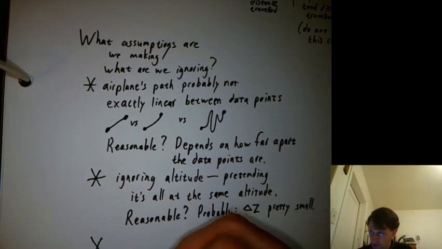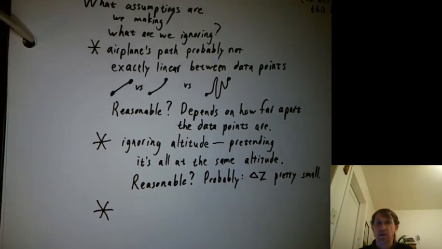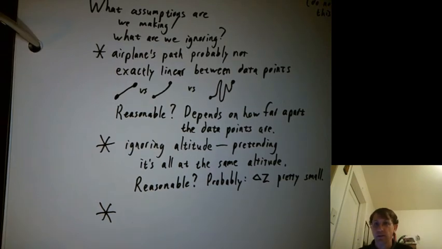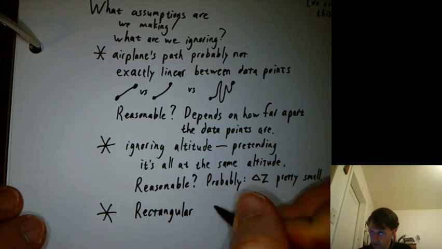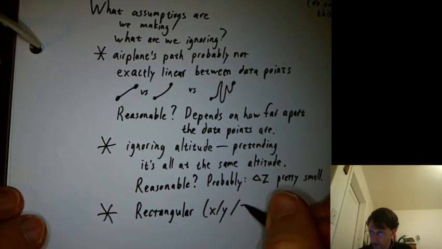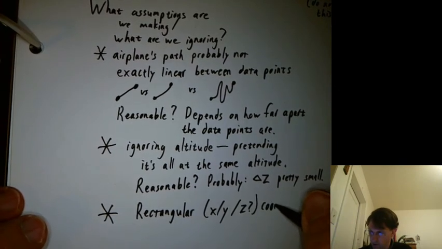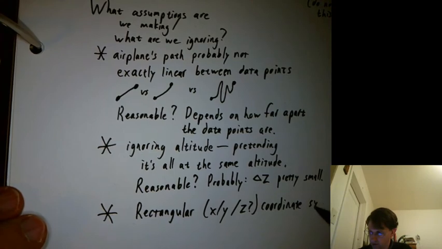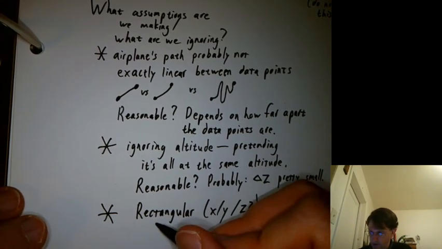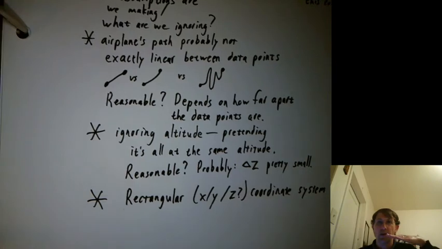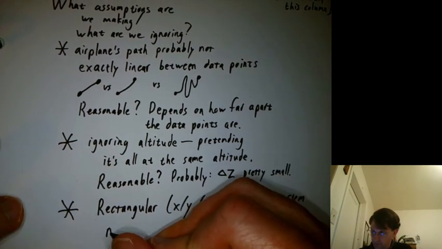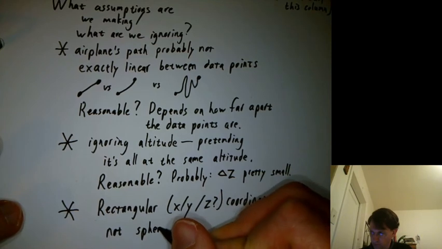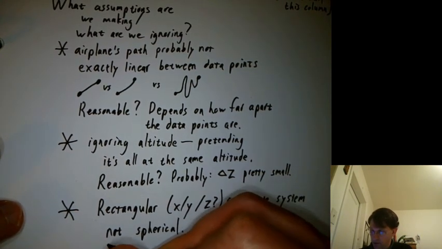And then another one, if we want to get really fancy, we're presuming that an x, y, z rectangular coordinate system makes sense, that is, that we're flying in kind of a flat mathematical plane rather than around a sphere. Last I heard, the Earth is a sphere. Is that reasonable?